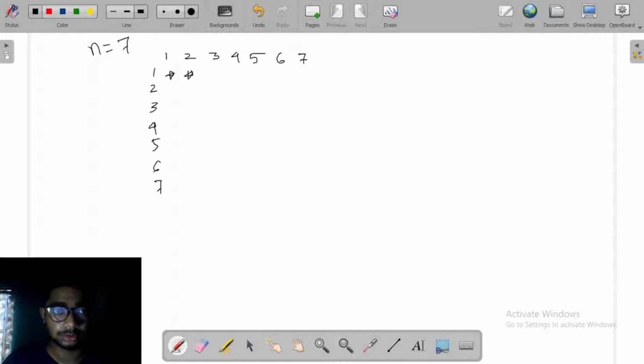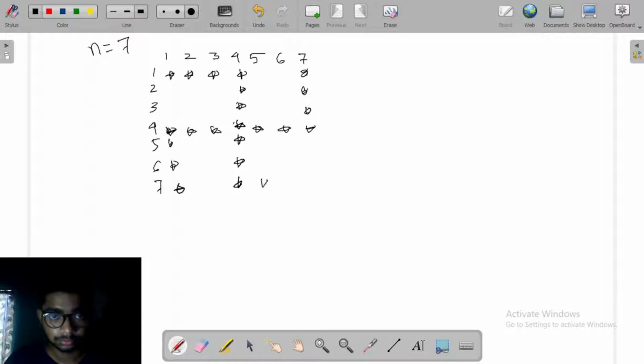Now draw the stars. Start from 7 here, go till 4. Then again here. Here you can see this is a swastik pattern.